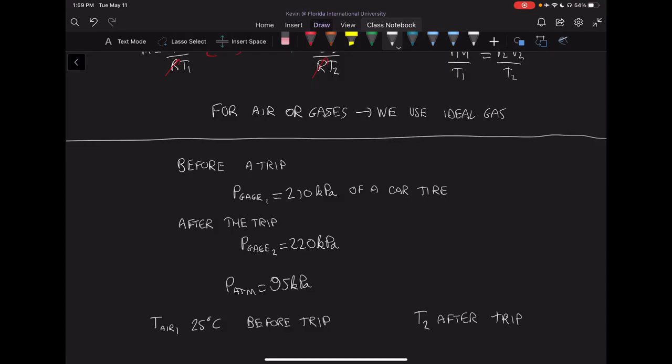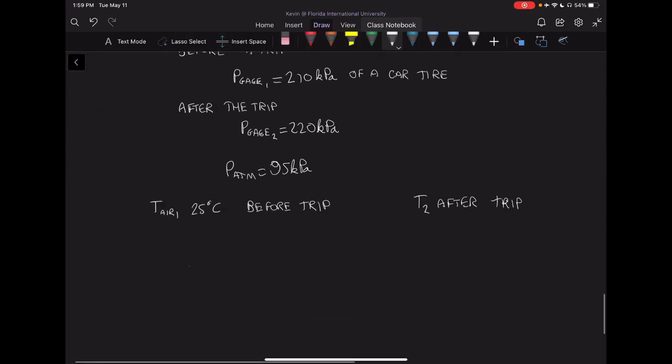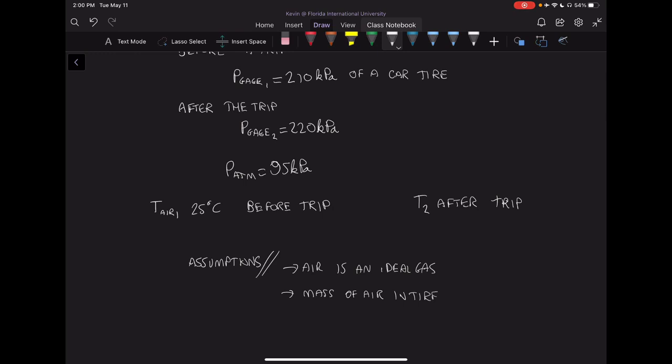So some of the assumptions that we're going to make in this problem, and these are assumptions that you can write yourselves, and sometimes they're also given to you, but most of the time you make the assumption yourself. So we're going to assume that air is an ideal gas. And we're also going to assume that the mass of air in the tire does not change.